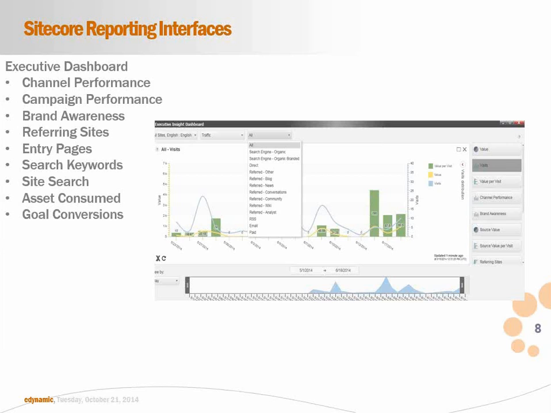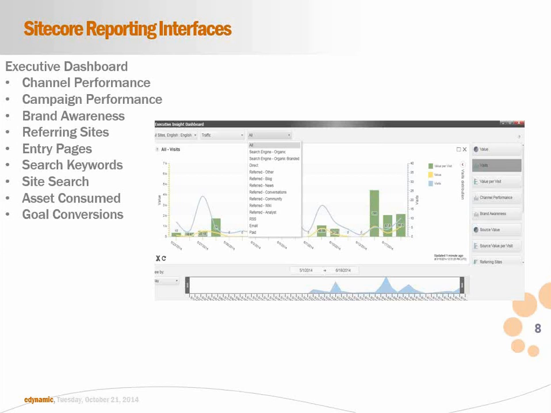Brand awareness, maybe I can give an example. If you have low brand awareness, it may indicate that you need to do more to promote the company brand, and it displays the visits with values and efficiencies, value per visit, generated from the search engine branded traffic type.